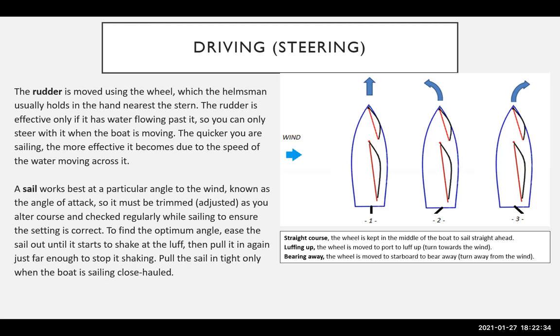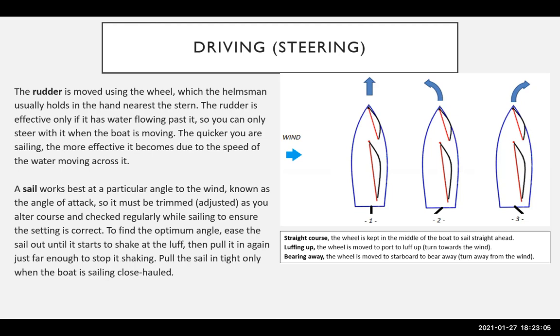The sail works best at a particular angle to the wind known as the angle of attack. So it must be trimmed or adjusted as you alter your course and checked regularly while sailing to ensure the setting is correct. If we're on a tack and we're trying to go upwind, when we start that angle of attack, we're moving in one direction, sails are trimmed, and we are comfortably leaving the rudder facing directly behind us, kind of centered.